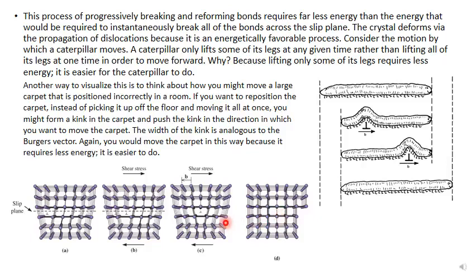The energy consumption for plastic deformation is reduced significantly just because of having dislocations, as explained in the last slide. Having dislocations is the main reason, or the main mechanism, of plastic deformation in metals and alloys.